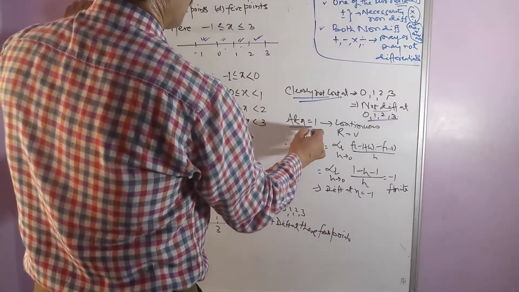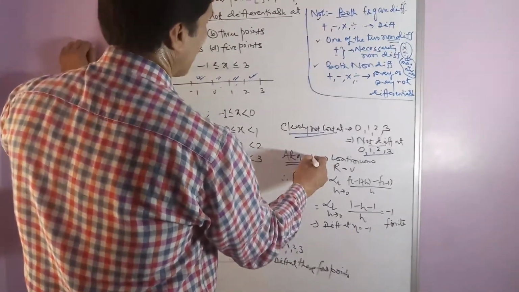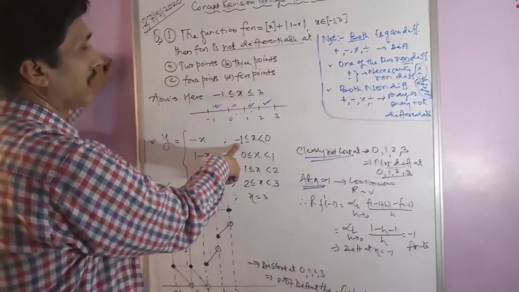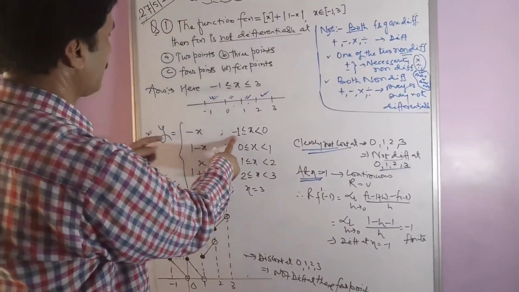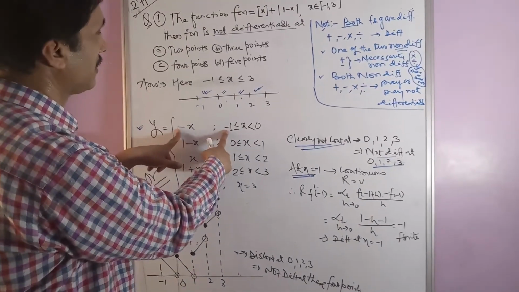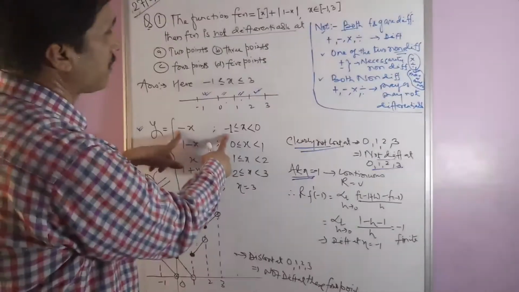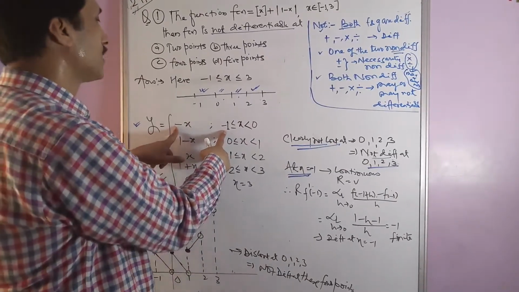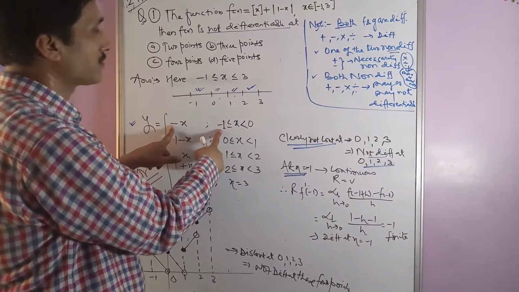Now we take the point x equal to -1, the left end point. For continuity, we check the right hand limit and value. Obviously, right hand limit and value both equal 1, so it is continuous at -1.